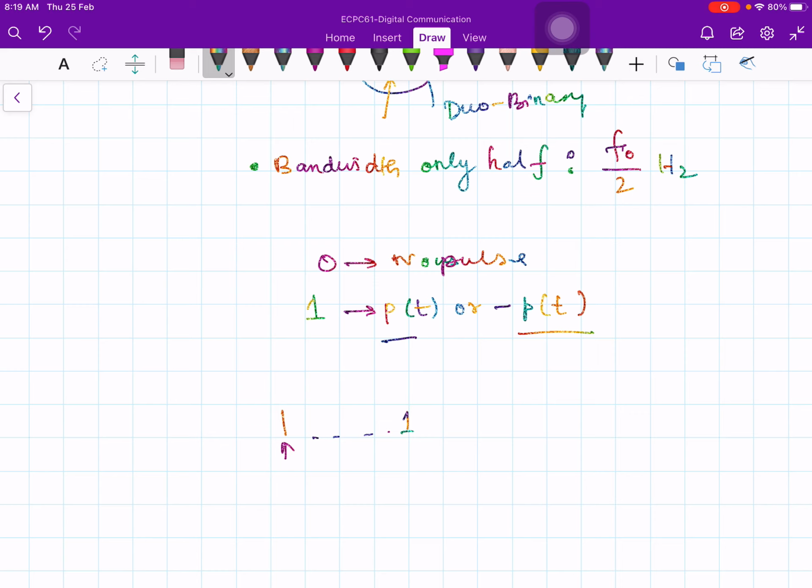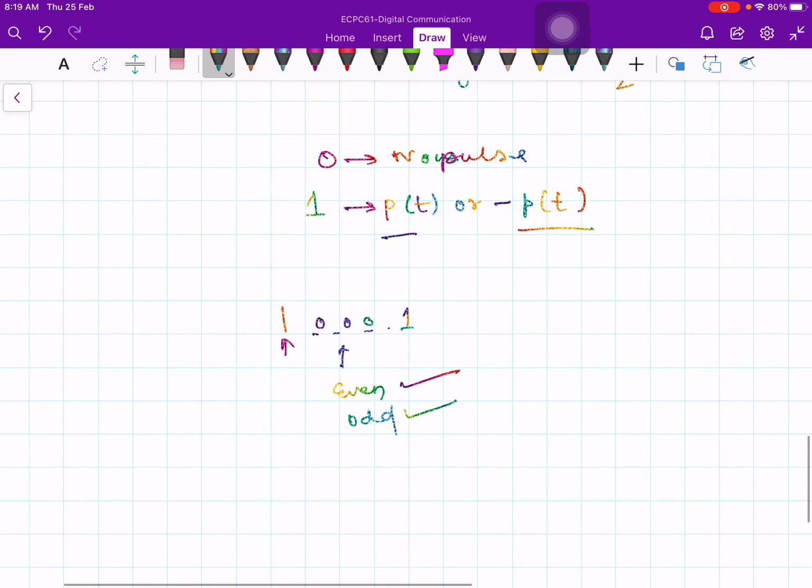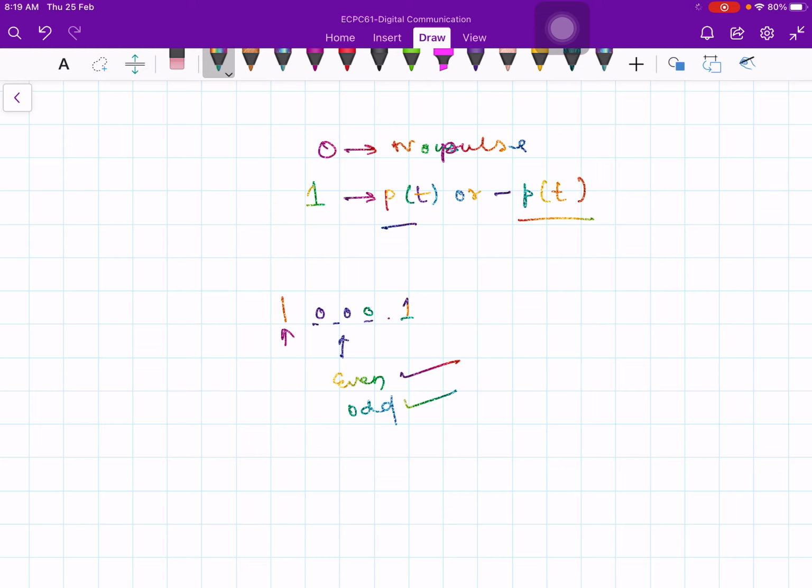We do not actually count the number of zeros, but we are only interested in knowing whether the number of zeros is even or odd. If I have an even number of zeros, I will transmit in one way. If I have an odd number of zeros, then I will transmit in another way. For example, if the previous one and the current one are separated by an even number of zeros, then you transmit p of t.